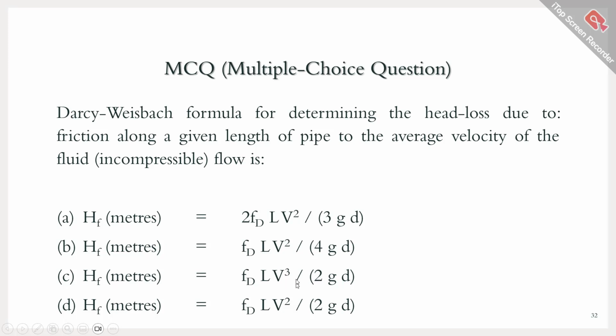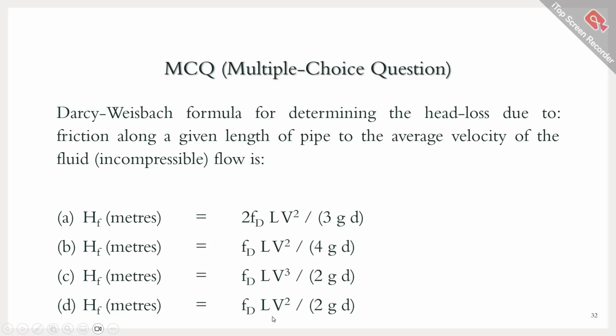It must be meters, right? On the right hand side, V is the velocity unit, so meter cube per second cube, into L, it comes out to be meter to the 4, divided by G, which is meter per second square, and D is in meter. So meter square per second square, it is coming as meter square, not meter. So option C rules out.